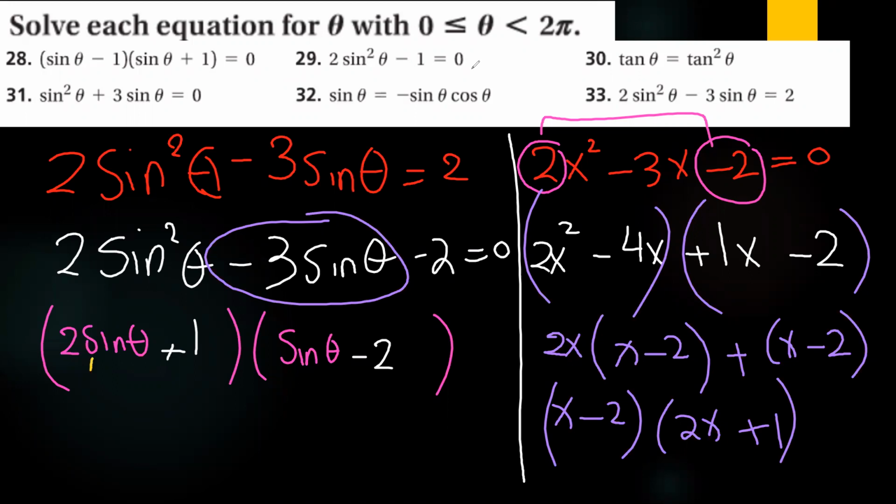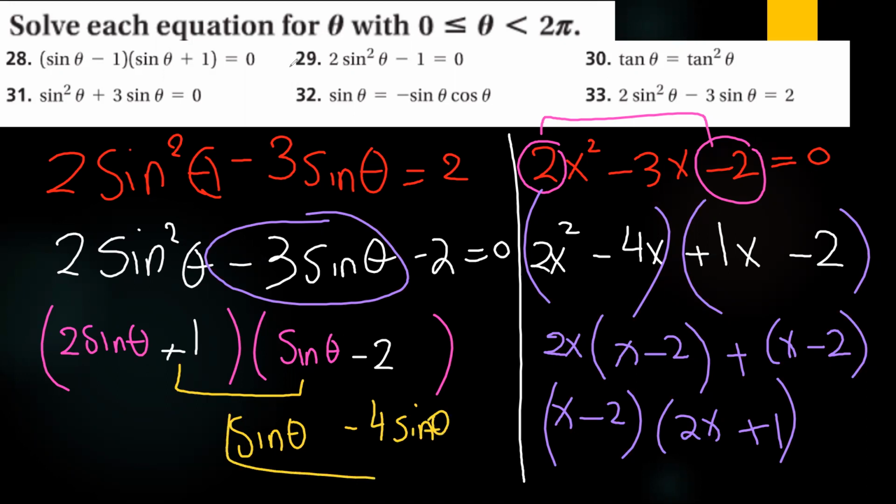So 2 sin times sin is 2 sin squared. If you multiply 1 times sin, you get sin. And 2 sin times negative 2 gives negative 4 sin. When you add them, you get negative 3 sin.